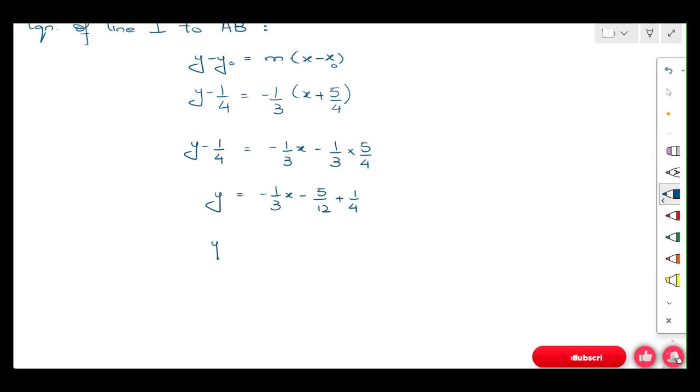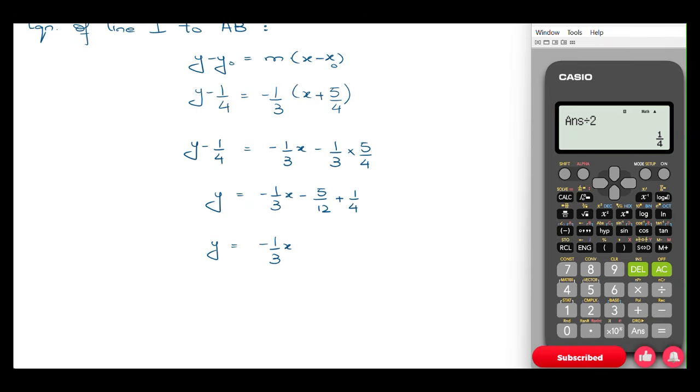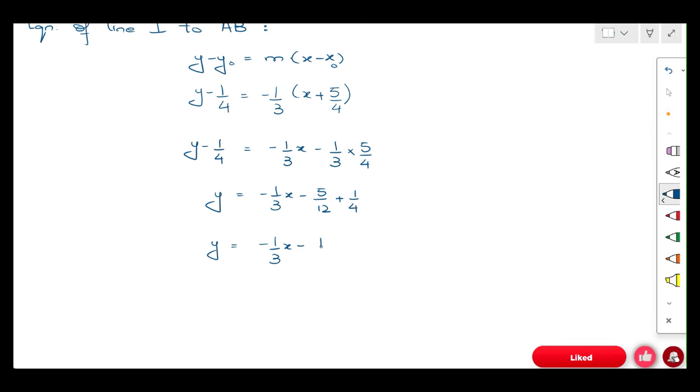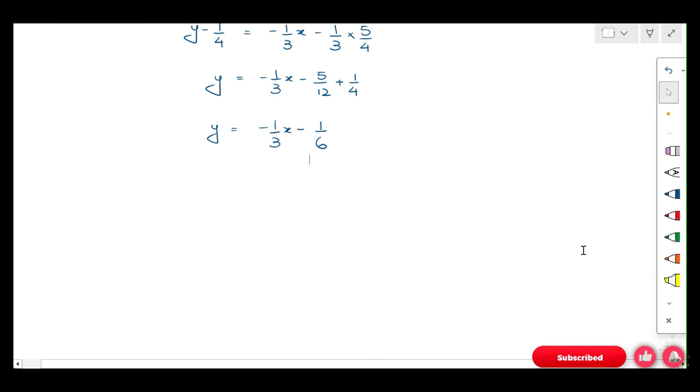Okay. Now y equals minus 1 over 3 x. Let me solve this constant term. 1 by 4, you have to subtract 5 over 12, which gives minus 1 by 6. Now we know that 3 times 2 is 6, right?